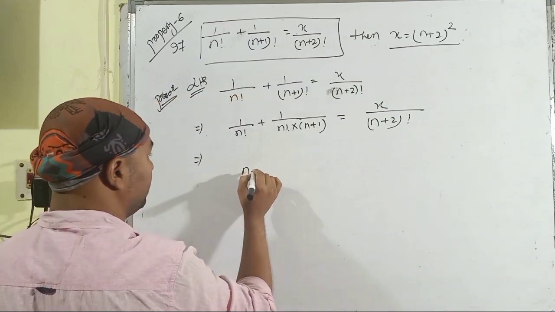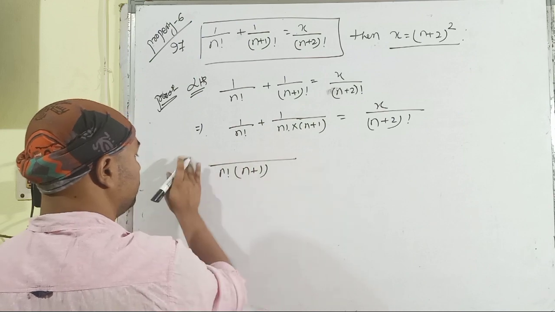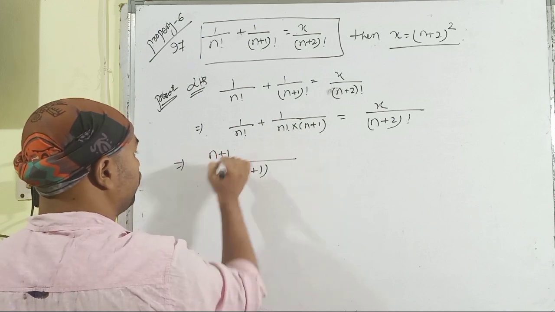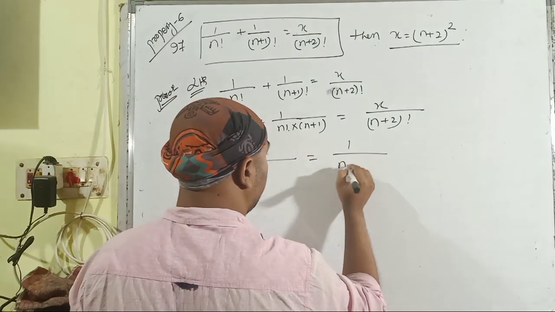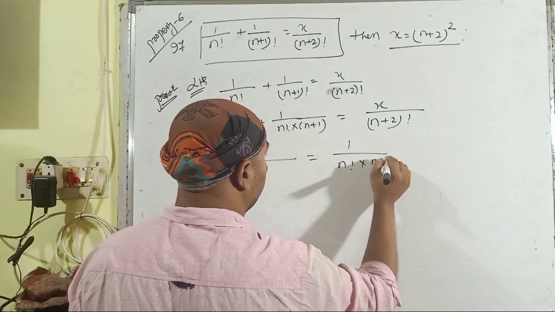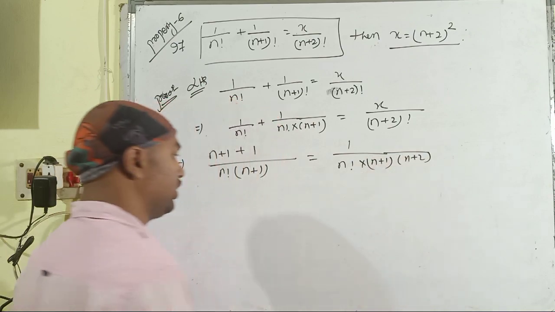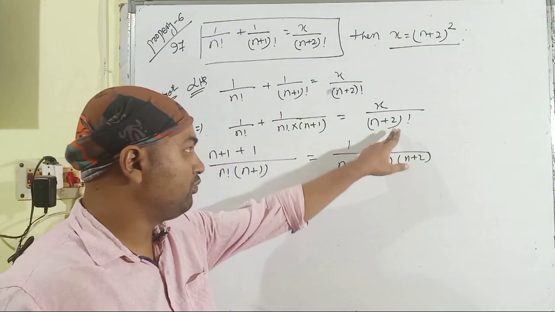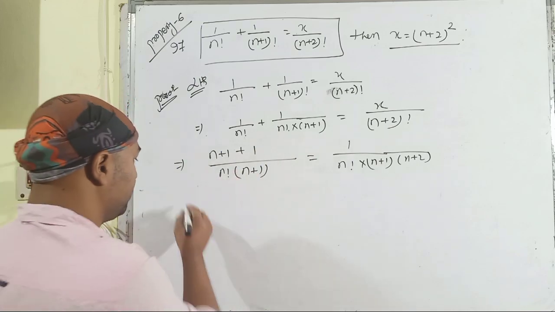Then taking the LCM, it is n plus 1 plus 1, and here it is n factorial multiplied with n plus 1 multiplied with n plus 2. I have converted this factorial in terms of the left hand side denominator part.